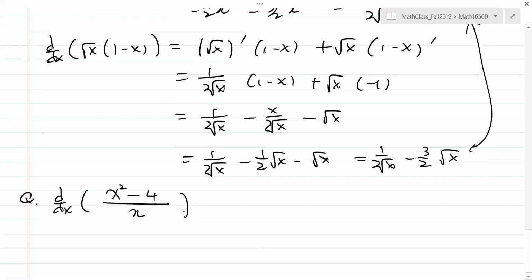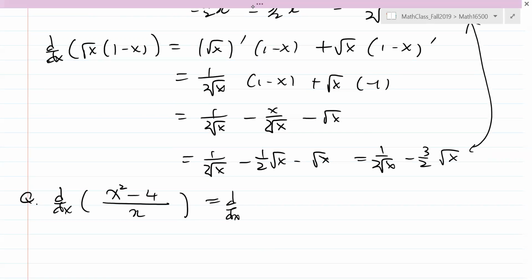It's not a sum of power functions. It is not a product. Well, it can be viewed as a product of two functions. Why? Because there's only one single x there.